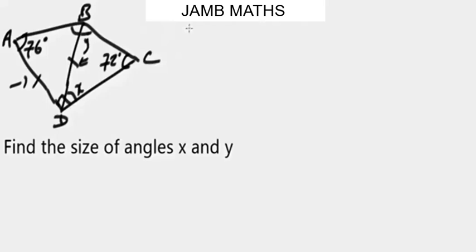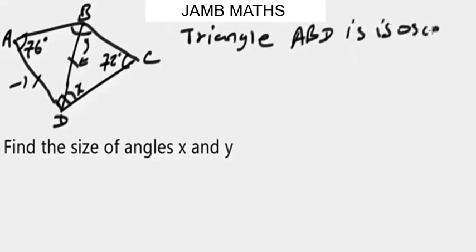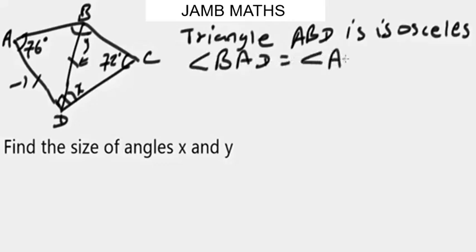So we say triangle ABD is isosceles. Since triangle ABD is isosceles, it means that angle BAD equals angle ABD, which is 76 degrees.